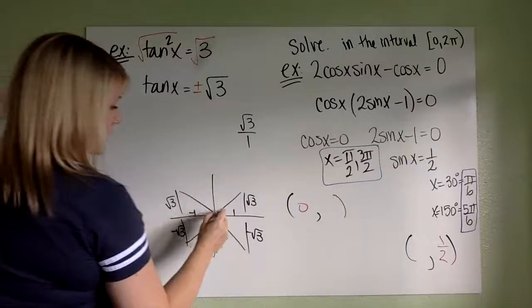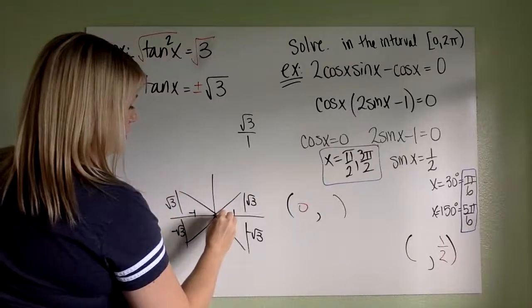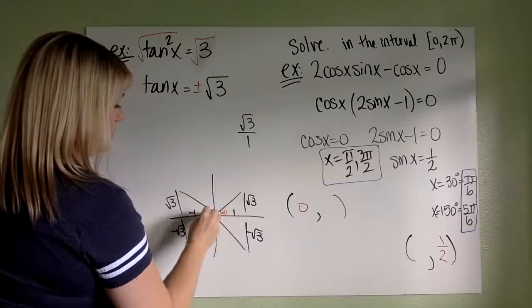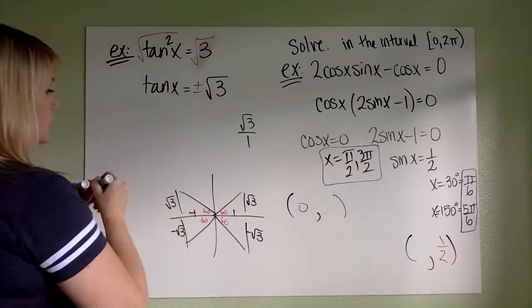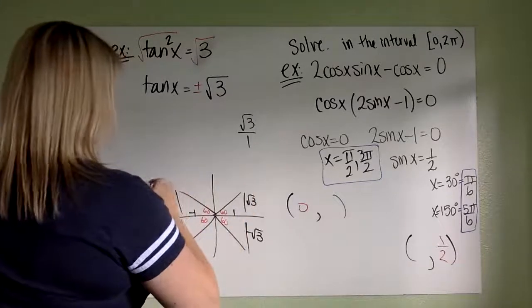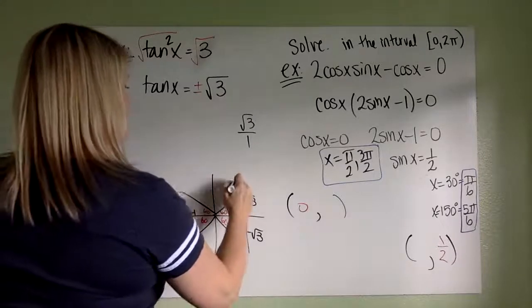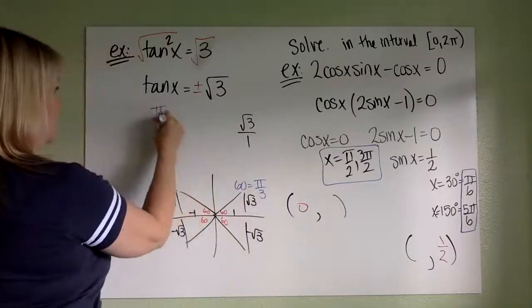So the angle that's in here is 60 degrees, right? Which means my answer for this one, 60 degrees is equal to pi over 3. So pi over 3 is one of my answers.